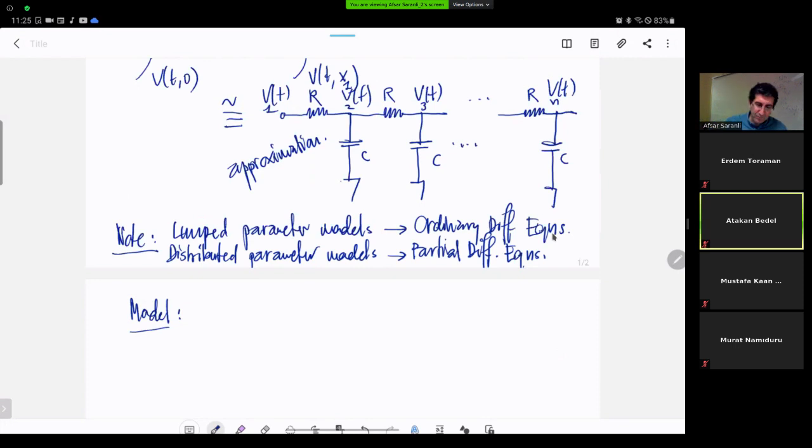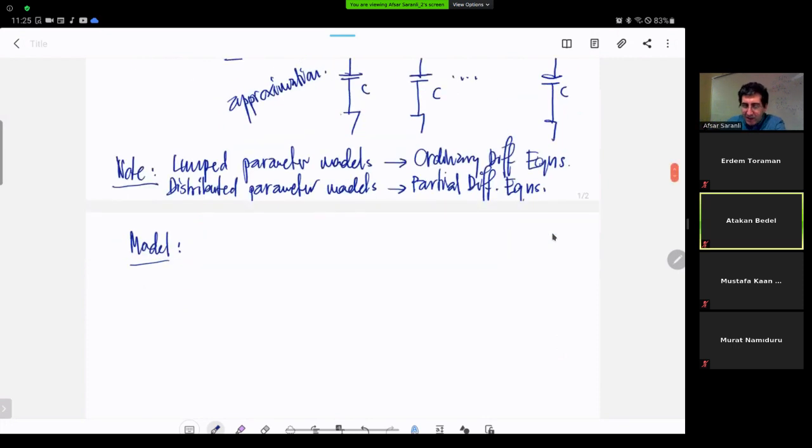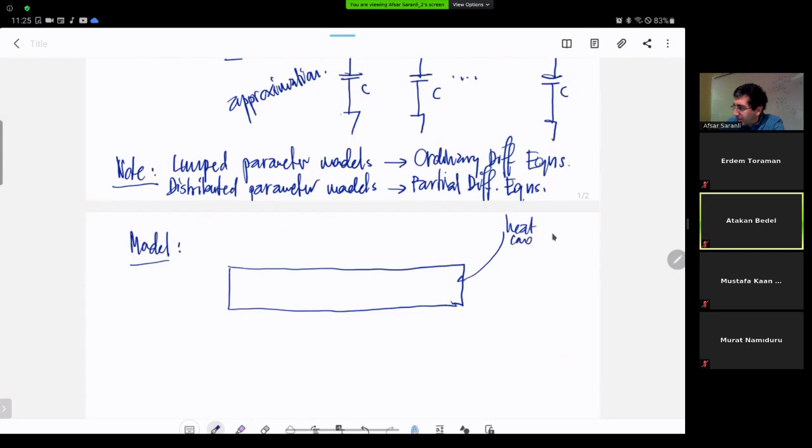So here is the model that we will study. Heat conduction in a solid body means we will consider a solid piece of heat conducting material, often a metal. So this is the heat conducting body. We will assume insulators around so that heat cannot escape from the side boundaries, to simplify the model.